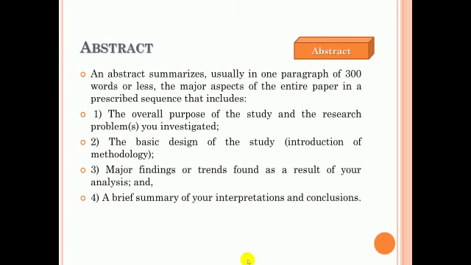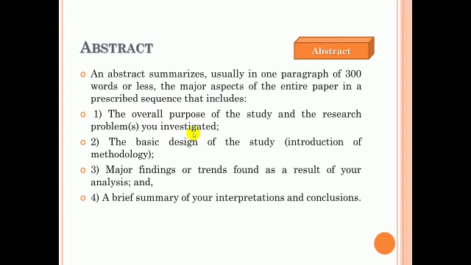Both are needed. An abstract summarizes, usually in one paragraph of 300 words or less, the major aspects of the entire paper in a prescribed sequence that includes: number 1, the overall purpose of the study and the research problems you investigated.